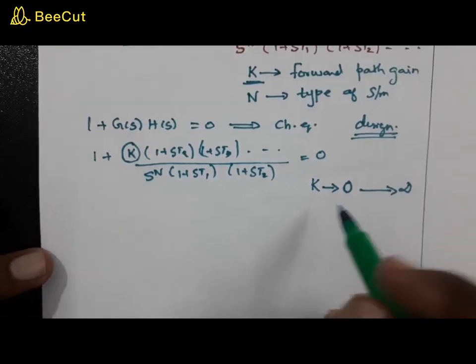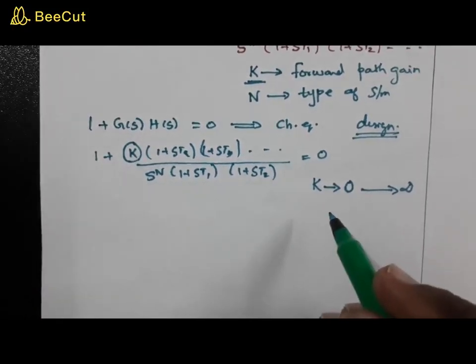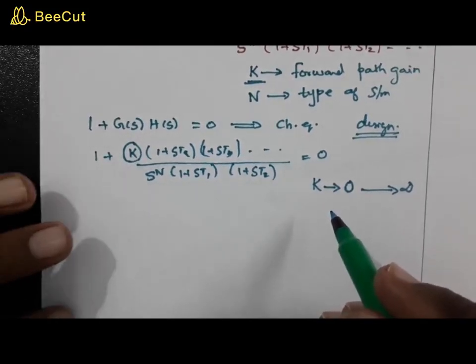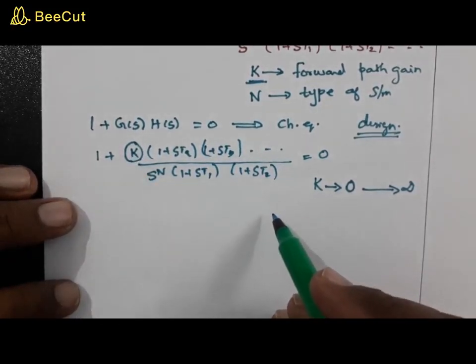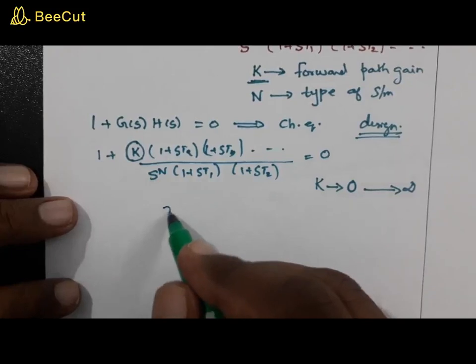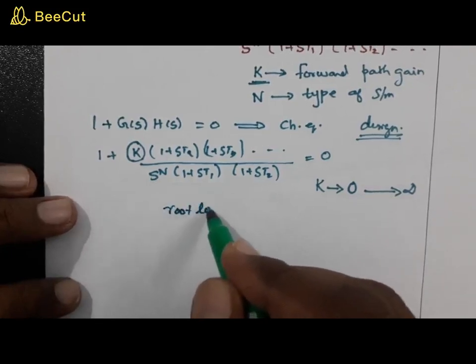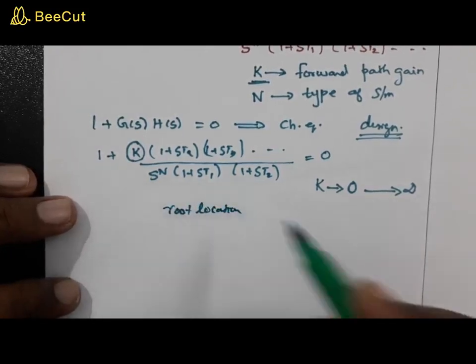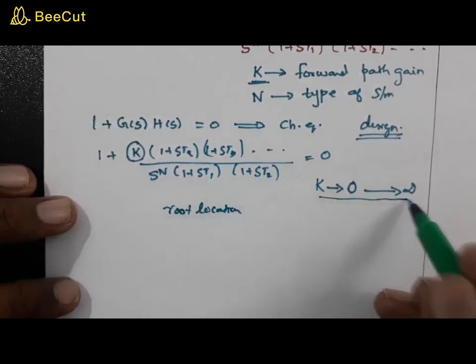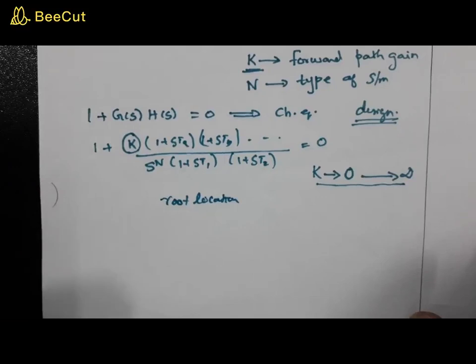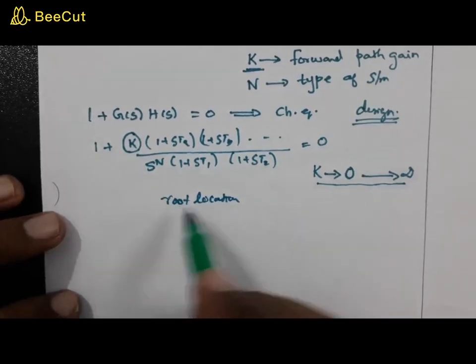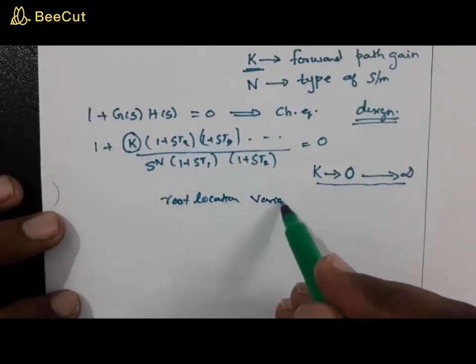So when you plot that in the s plane, as k varies, the root also varies, meaning the root location varies. As k varies from 0 to infinity, I will be explaining with some examples later, so you will understand the meaning of this root location variation, right?